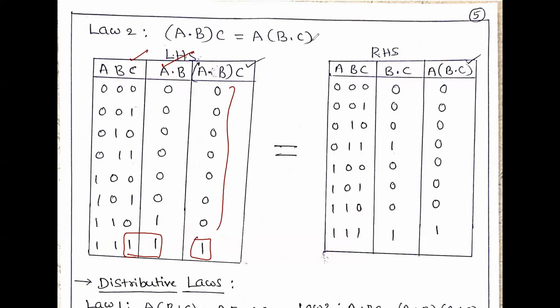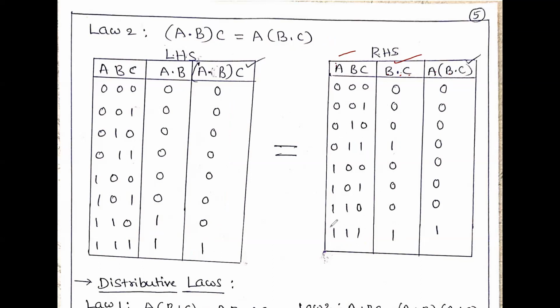In the same way, for the RHS part also, we have to prove the same combinations ABC. Now we should finish the bracket part first, B dot C. Now A dot B dot C we have to perform. That means first we should finish the B dot C. We should AND A with this B dot C. That means we should focus on A and B dot C columns.